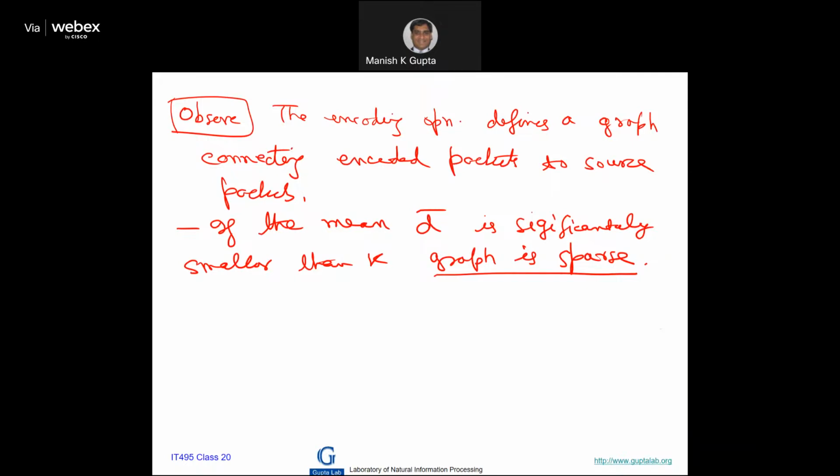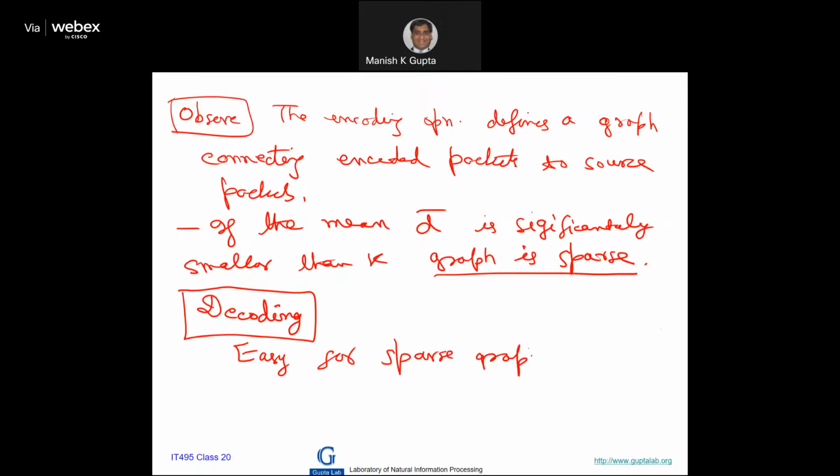So now let us look at the decoding procedure. Decoding is quite easy for a sparse graph code. I will give you a specific example here.